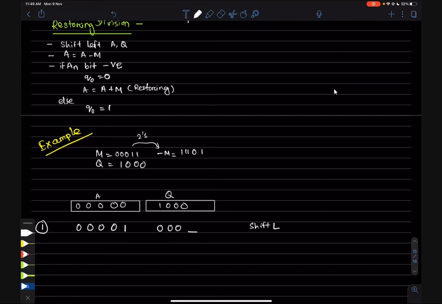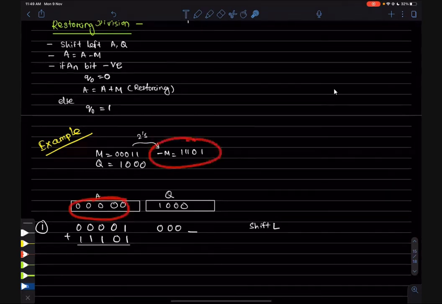Then the next step is a is equal to a minus m. You write this algorithm and do it with me. So a is equal to a minus m, and minus m means plus 1 1 1 0 1. This is minus m, so we add a plus minus m.